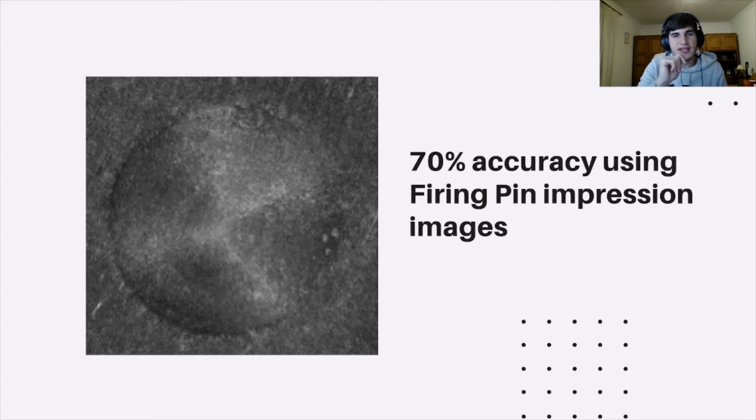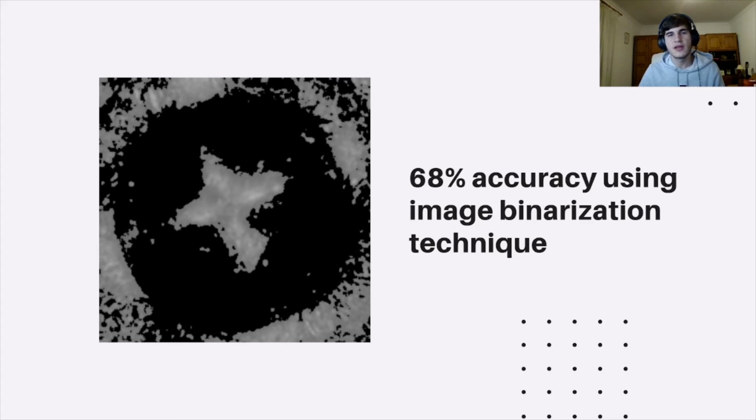What we see here is that there's a light cross in the firing pin, which we think might be holding us back on the results, because this is not from the cartridge itself, it's from the process of acquiring the images. In the end, we also used the image binarization technique, but the results didn't improve. They in fact decreased the accuracy of the network.